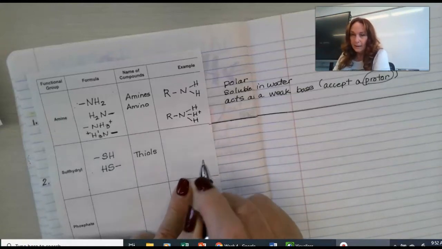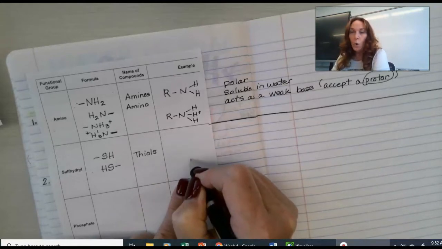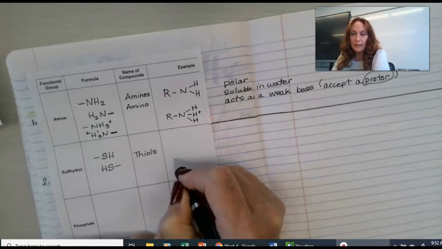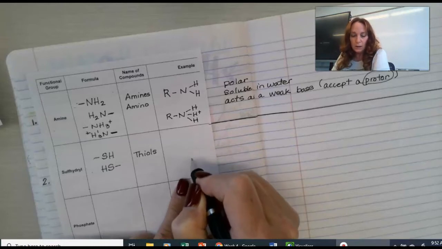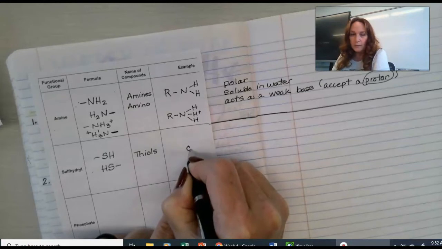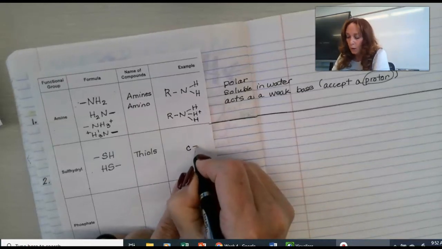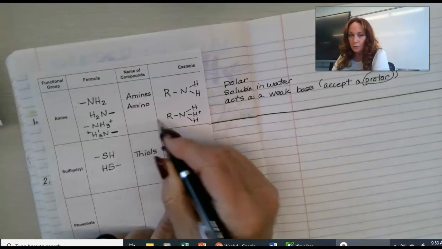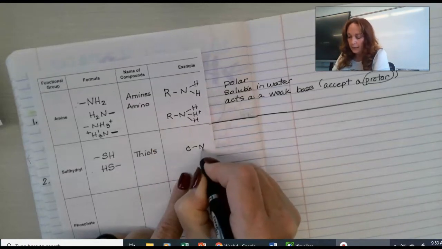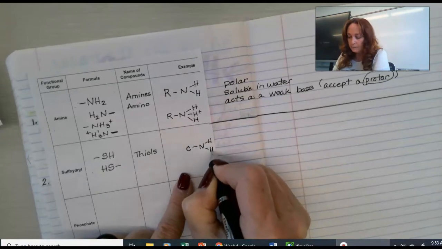Amino acids have just one variable spot. Everything else is cookie cutter the same. They all have a central carbon. Amino acids are the building blocks of protein. On one side, they have an amine group, so I would put the N bonded to the carbon and the H's.